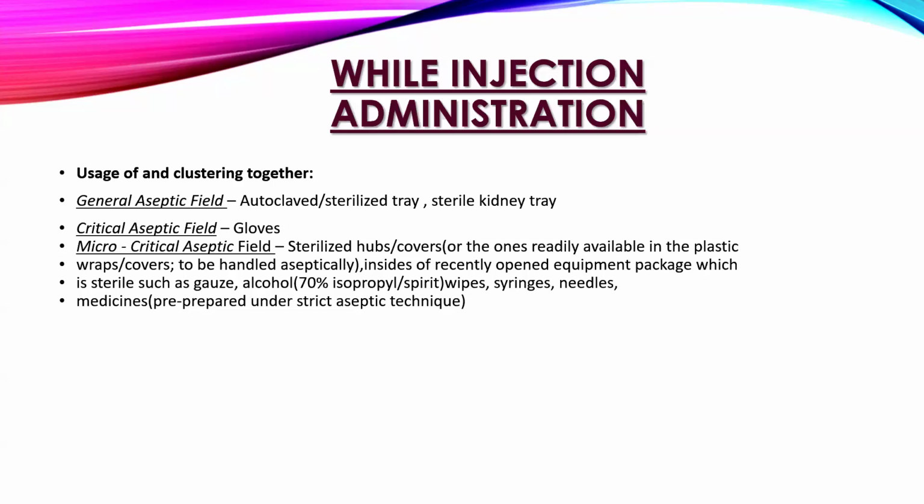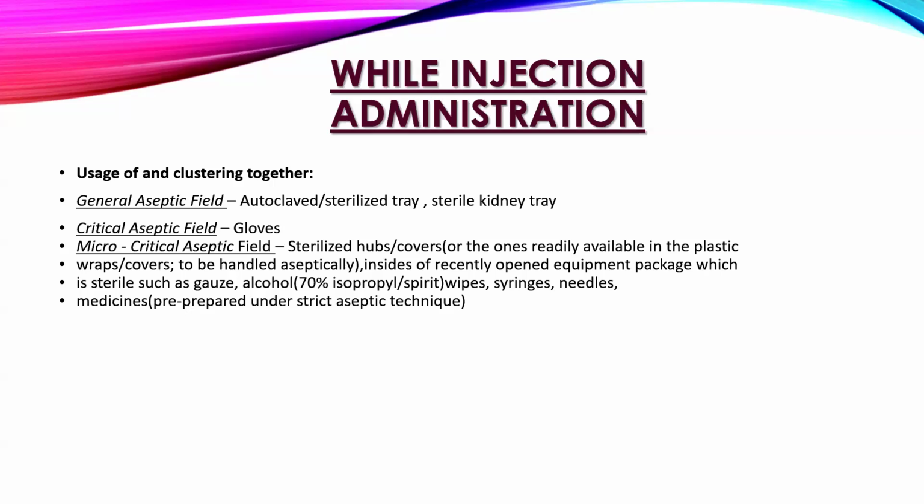But suppose in any emergency situation there is no assistance for me, no help from the nurse's side or from the doctor's side, when I am doing an aseptic procedure or a sterile procedure, we can use the non-dominant hand for the general aseptic field, right? If I'm a right-handed person, my left hand would be utilized for the general aseptic field, that is the autoclaved or sterilized tray.